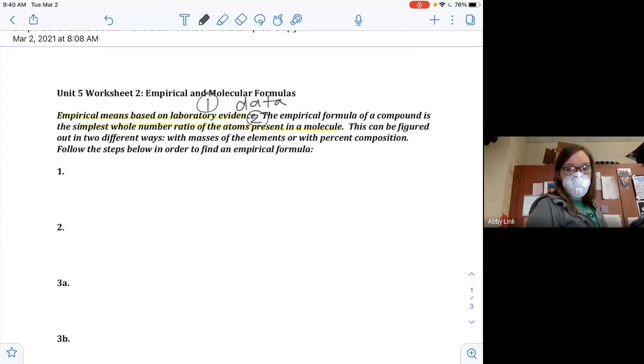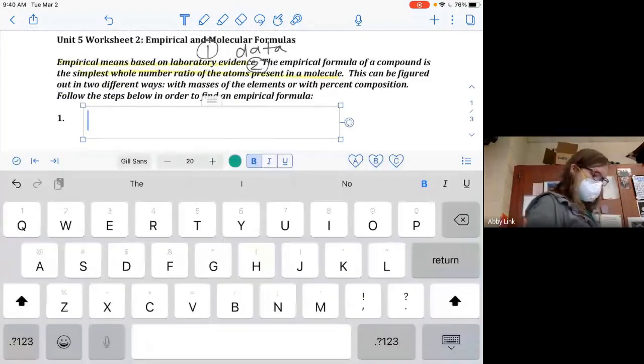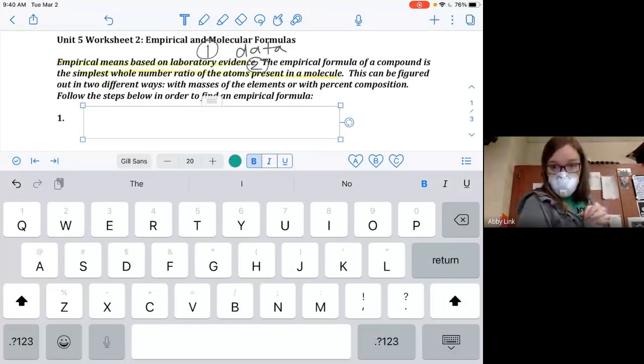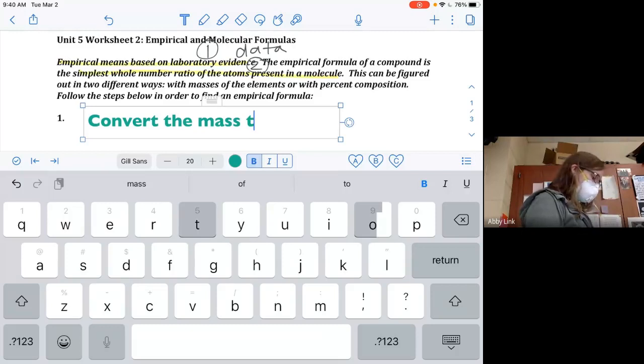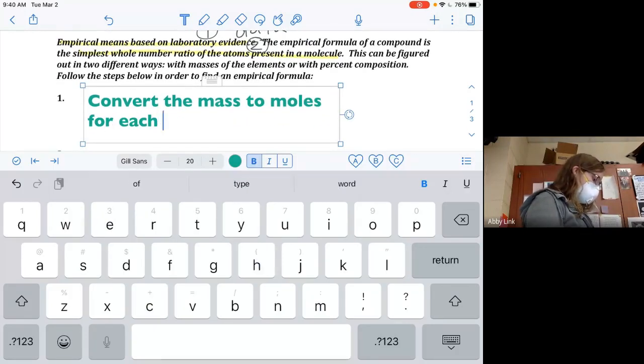So we're going to talk about the three steps that we're going to take in order to find empirical formulas. And we'll start this by writing down these steps together here, okay? So the first step is going to be something that you're familiar with, which is a conversion. So you're going to convert the masses that are given to you for elements to moles for each element.